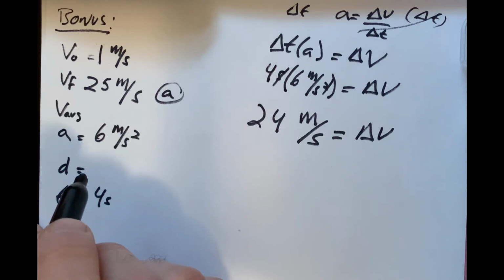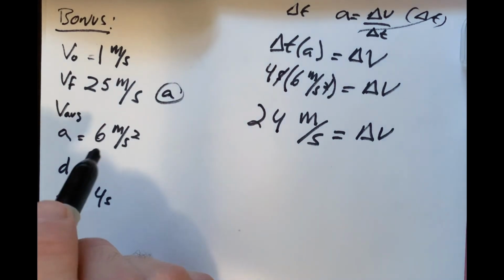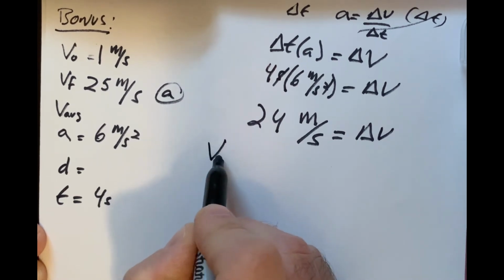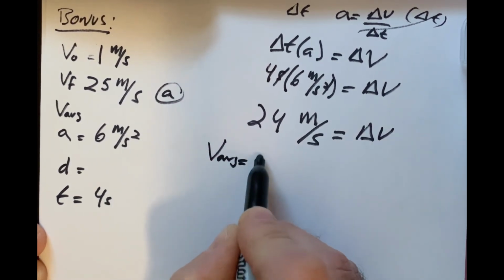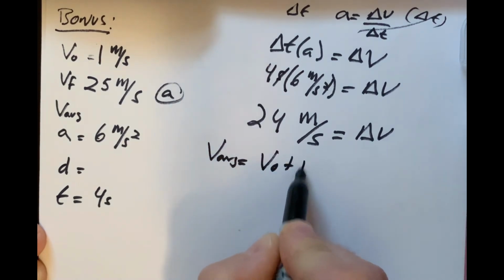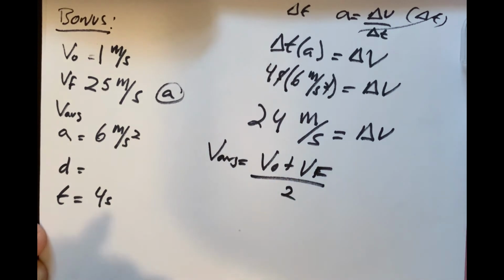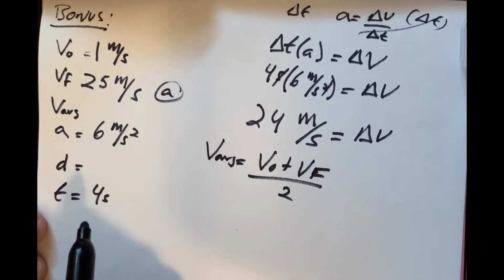Question B asked you to think about his average speed. So how do I find average speed? Well, remember that the average velocity is going to be the initial velocity plus the final velocity, all divided by 2. So can I do that? I certainly can.